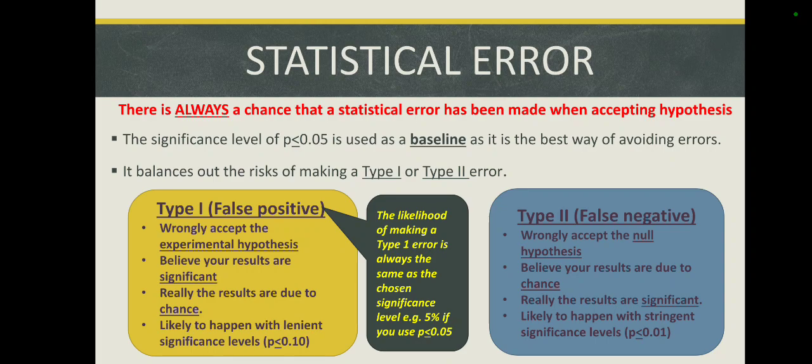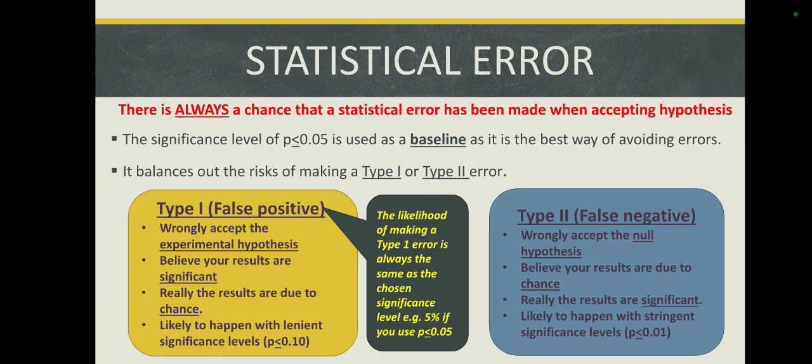Now, always think of this as a type 2 error because it is the less commonly occurring statistical error, okay? Type 1s happen all of the time. Researchers are too lenient with themselves. Type 2 are the less commonly occurring one. They only happen where really stringent levels of significance have been applied.